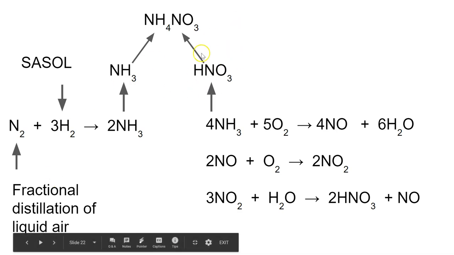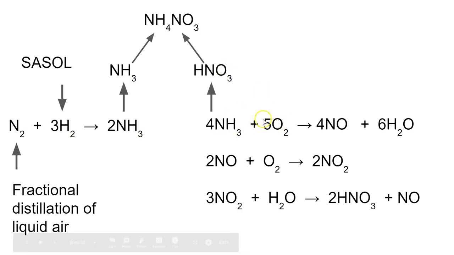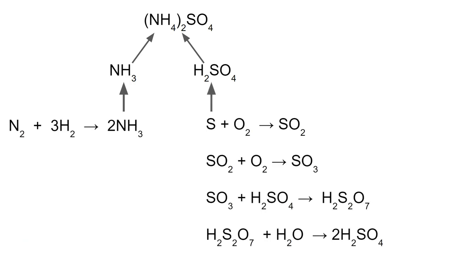Okay, in order to get nitric acid, I need the Ostwald process, and you must be able to write down the balanced equations, all of them, for the Ostwald process. The second fertilizer that I need to create is ammonium sulfate. So where do I get ammonium sulfate from? From ammonia as well as sulfuric acid. Ammonia I get from the Haber process, and sulfuric acid I get from the contact process.